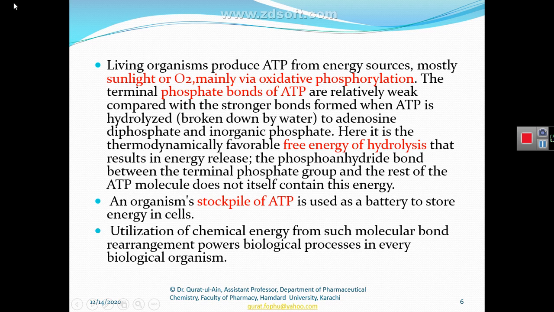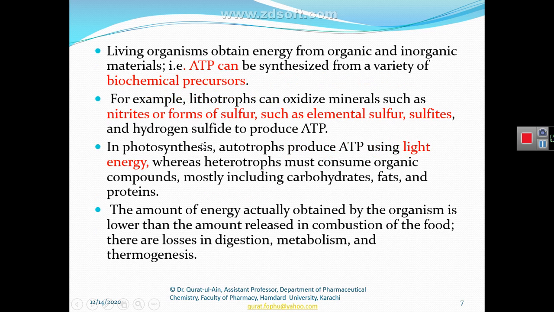So these are the sources of ATP production in our body. And energy can also be produced from different inorganic material in the body of a living organism.